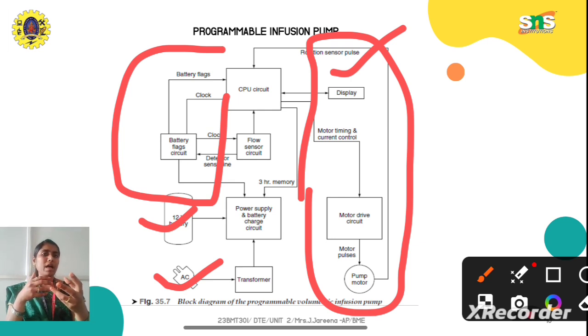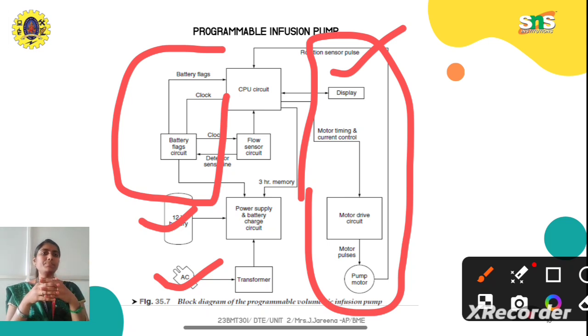The battery flag circuit informs the CPU about the battery status, and the CPU gives an alert, a visible indication or a sound alarm, through which we can know whether to go with another infusion pump or another power backup. So the battery flag circuit plays a very important role, so that everything is customized for proper infusion of drugs into the patient's body.